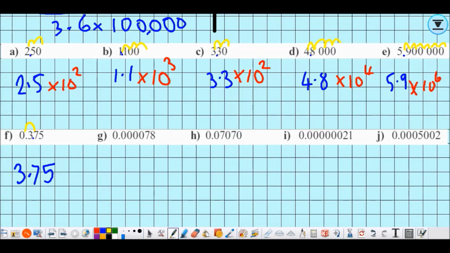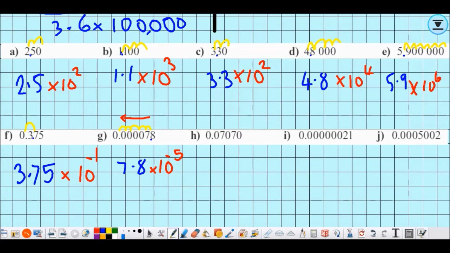I'm just going back 1 step, so times 10, remember it's to the negative, and I've gone 1 step. G, I'm going to make it 7.8. I know it's going to be times 10 going this way, bouncing it back out to the negative. How many spaces? 1, 2, 3, 4, 5. Times 10 to the negative 5.